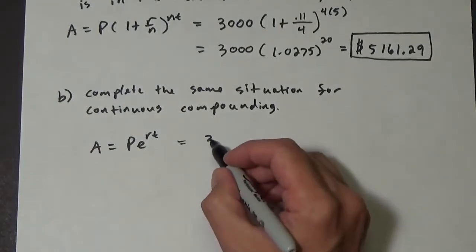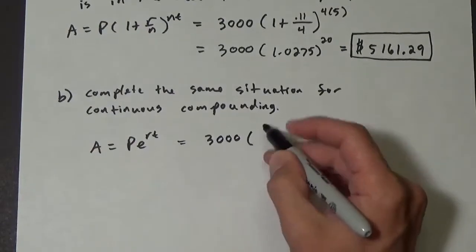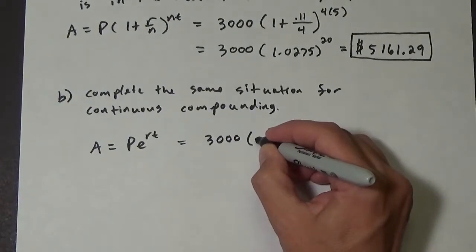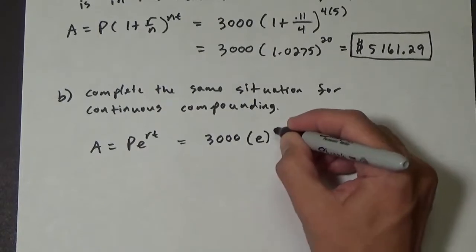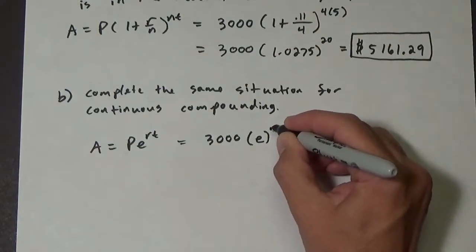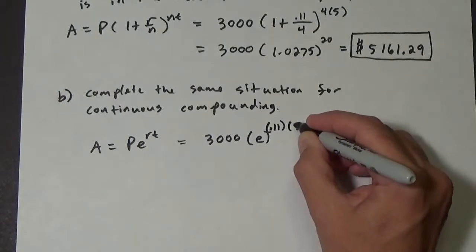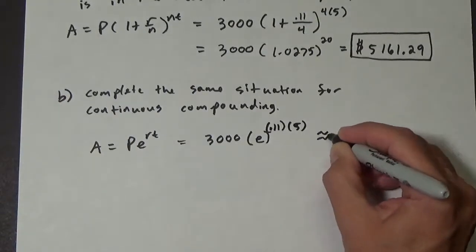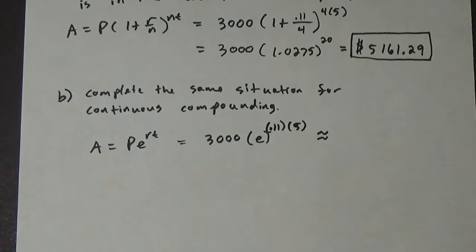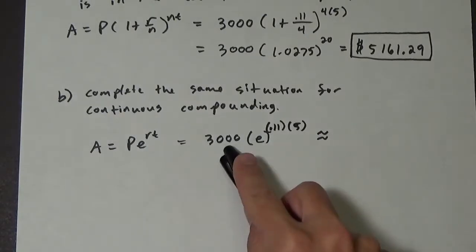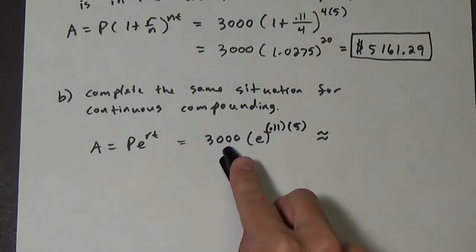So then this is 3,000 times e raised to the 0.11 times 5. So 3,000 is our principal or initial amount.